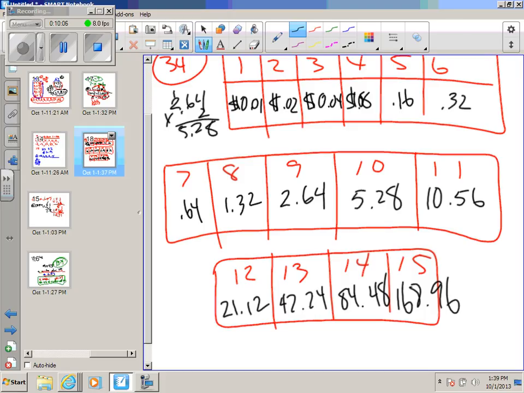Where did I mess up? I knew it. It was 128. 8 was 128? Well, that messes everything up. That's right, 256, 512, 1024, 2048, 4096, 81, what, 92?